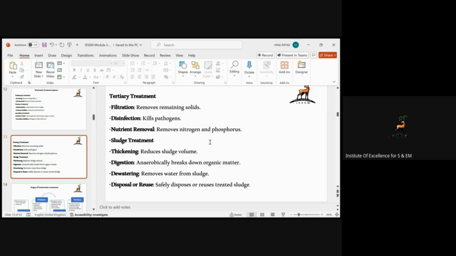So what is the purpose of the tertiary treatment? Here is the question: what is the main purpose of this treatment known as the tertiary treatment? Basically, the main purpose is to ensure that the final product does not contain any toxic compound that can be harmful to human beings or the plants. Is it clear to you?